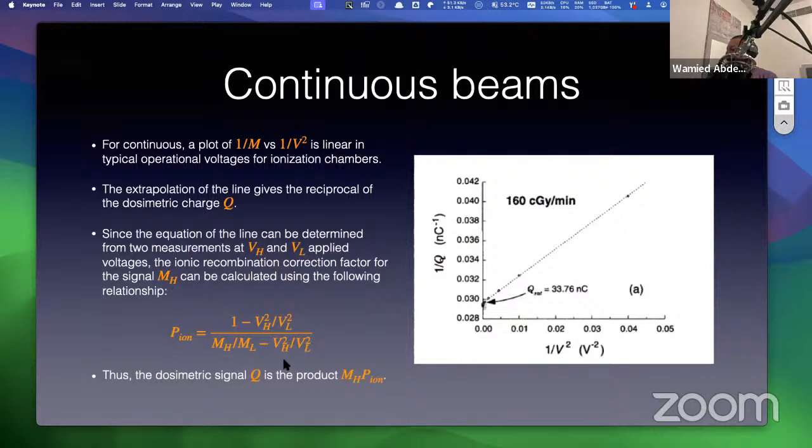And this correction factor is given by this relationship. This relationship one can derive just by getting the same concept: define the line by two points, and then get the Q sat. So the signal at high multiplied by this P ion essentially is going to give us the dosimetric signal Q.